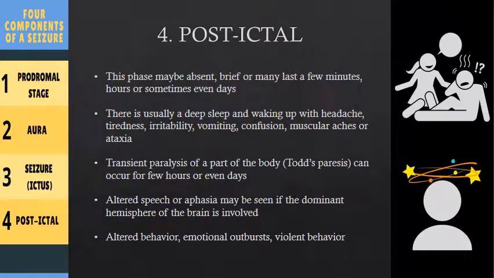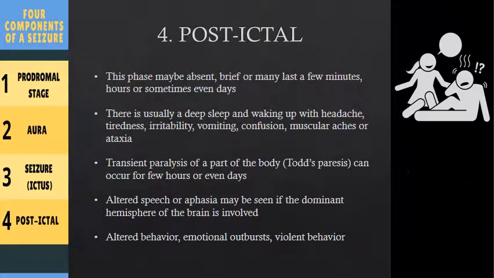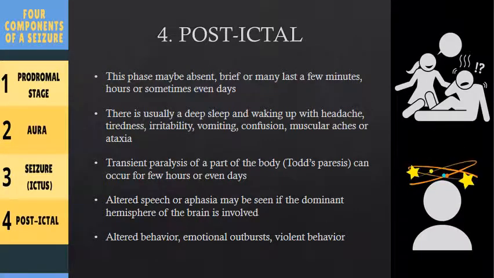Some patients can have a transient paralysis of a part of the body, where one part of the body can be weak, and this can last for a few hours or even days. Knowing this can be helpful for both providers and patients so as to reassure them.